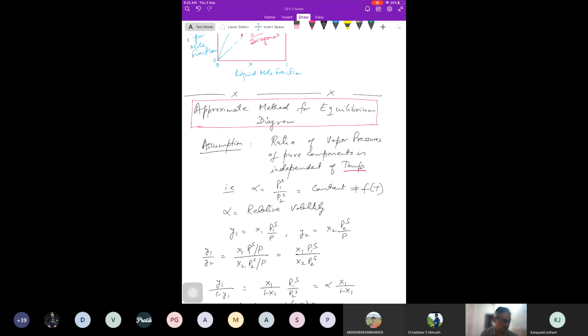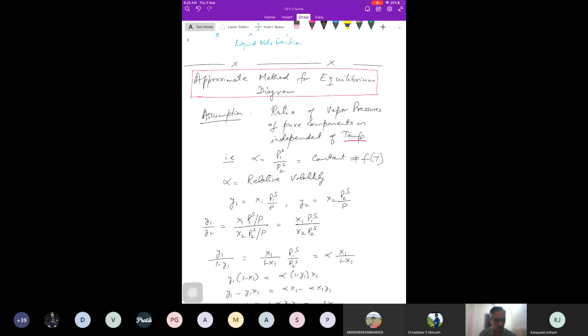And we know that from Raoult's law, y1 is equal to x1 p1s upon p, and y2 is equal to x2 p2s upon p. So if you substitute in this equation for alpha, ये equation में p1s और p2s डाला हमने.